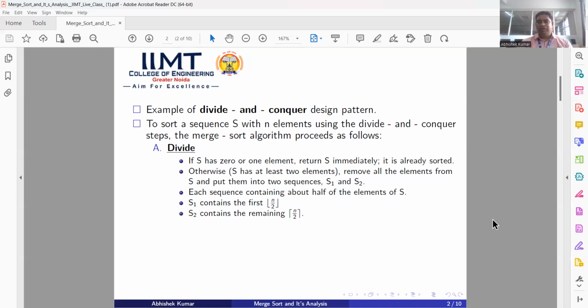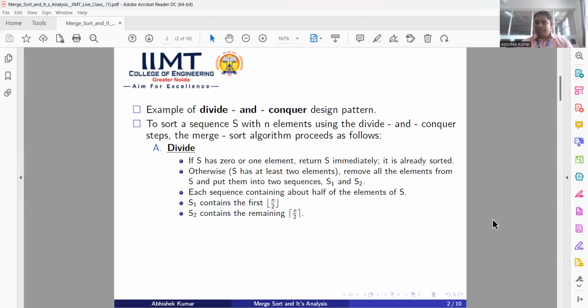That problem will be divided into sub-problems of size n by b. b will be the size of sub-problems, and a will be how many different sub-problems we are creating. And f(n) is the dividing cost as well as conquering cost. So this is the recurrence that we are following in the case of divide and conquer strategy.